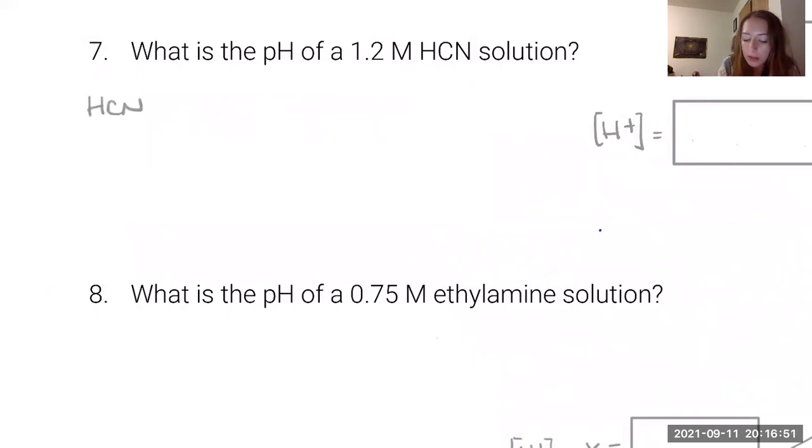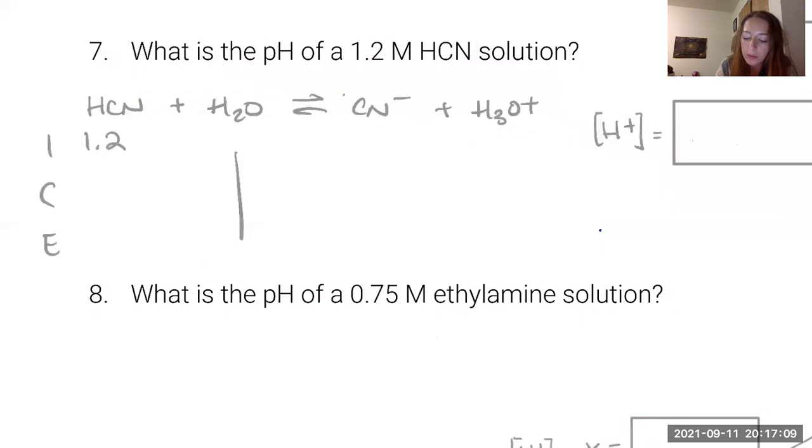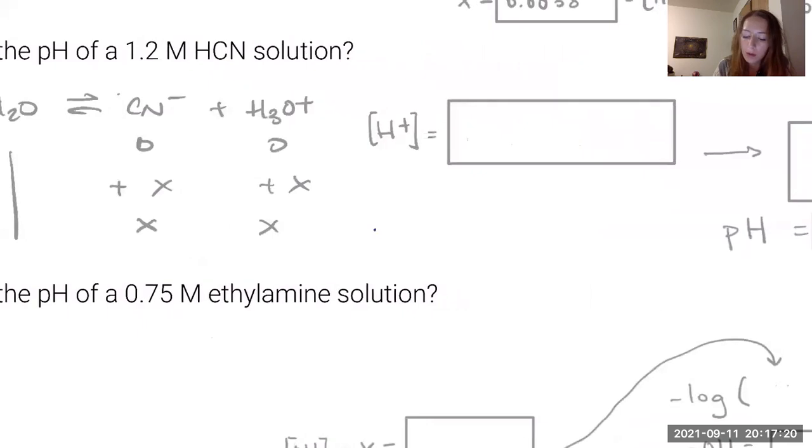So HCN plus H2O, okay, so we'll have 1.2 as our initial value. All right, and our Ka value is 6.2 E negative 10 equals our products multiplied by each other over our reactants.